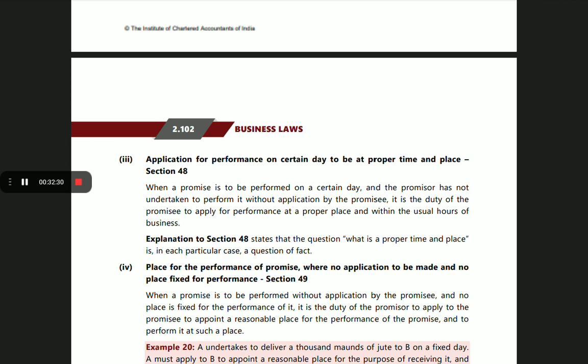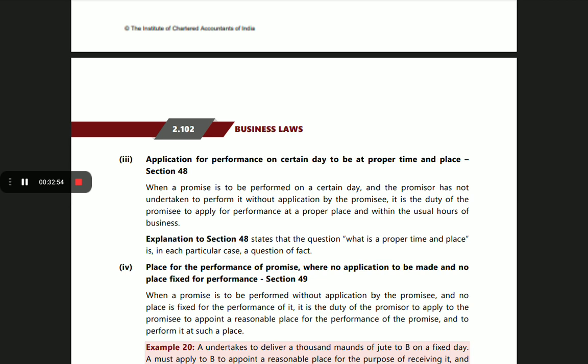Explanation to Section 48 states that the question what is a proper time and place is in each particular case a question of fact.